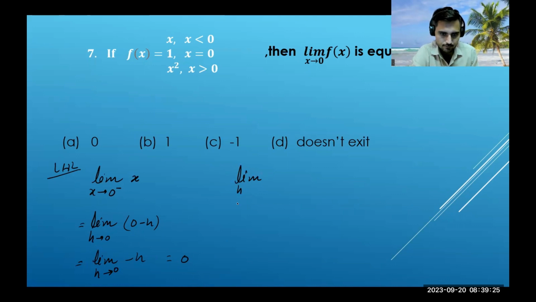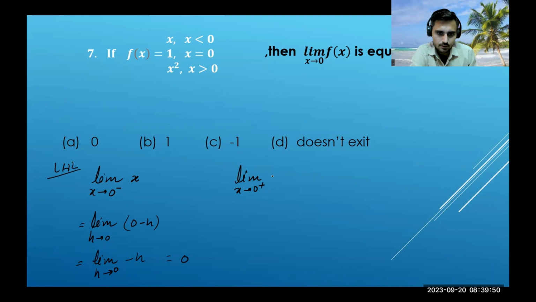Now we'll take RHL, so that will be x greater than 0, 0 plus. 0 plus means a value of x that is greater than 0, just greater than 0, something that can be added to 0.